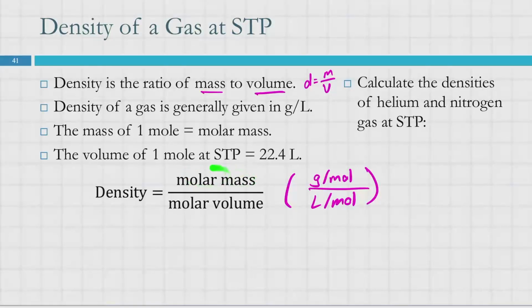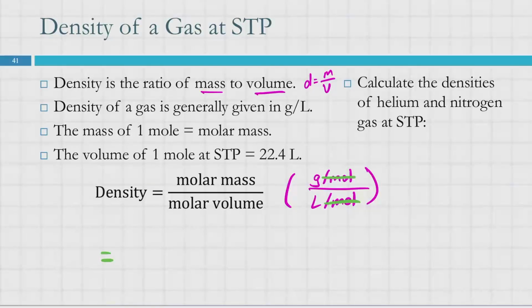So we can take the molar mass over the molar volume, the 22.4 liters per mole, and the grams per mole on the top, and because they're both per mole, the per mole part cancels out. Which is why we can find the density with just the molar mass over the molar volume, the 22.4 liters per mole.